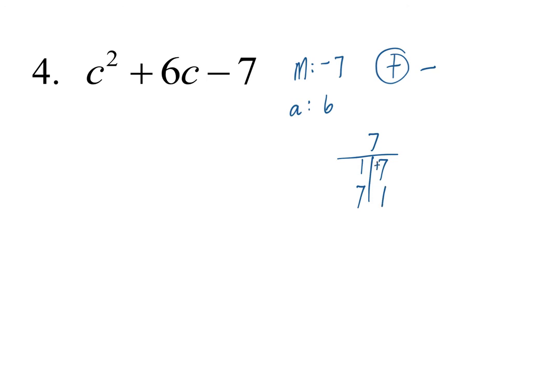The larger number would be positive, the smaller number would be negative. And yes, that does add to give me positive 6, negative 1, and positive 7. So we can write it as c plus 7 and c minus 1.